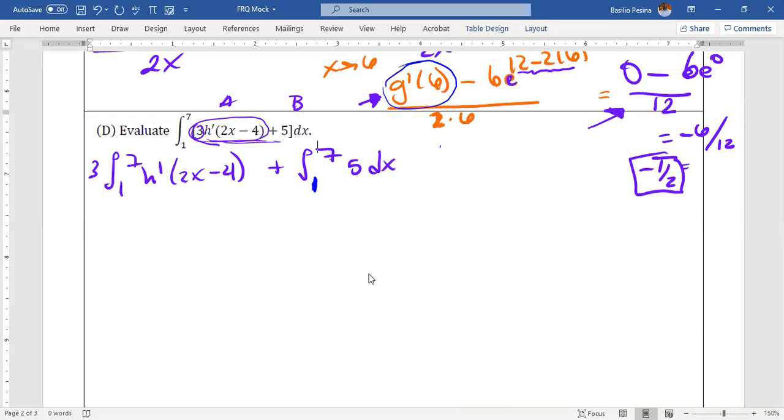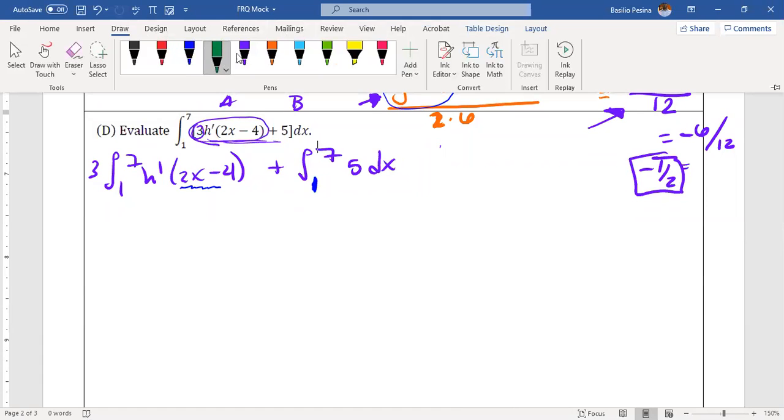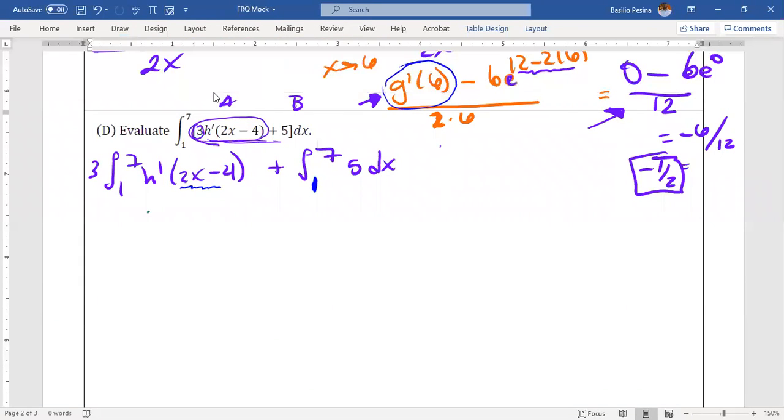Okay, that should make stuff a little bit easier to do. But I want you to know one thing. Before I start integrating, guys, I'm going to go ahead and make this part a little nicer. So we're doing the same thing, but I want you to think about the function that we're working with.